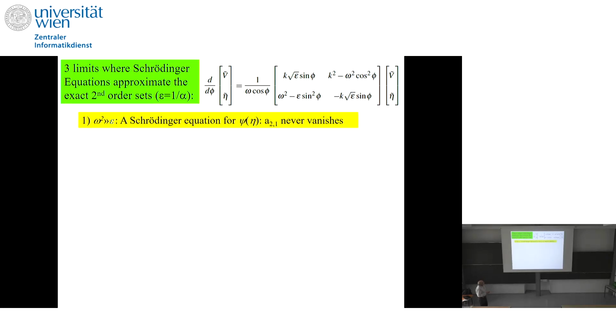What I would like to say is that in this limit, for large omega, omega larger than epsilon, we can in principle replace this by a constant.